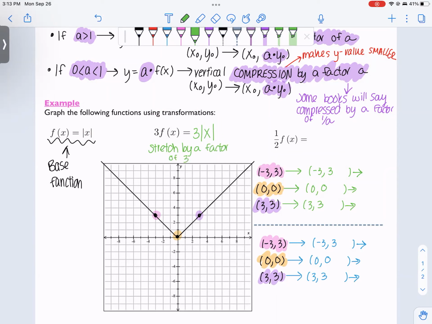That means that all of the y values are being multiplied by 3, which is why when I originally chose a point that was over here, I realized I couldn't, because if I have 6 and I multiply by 3, it's 18, and the y value will be off our graph. So we are multiplying all of these y values by 3.